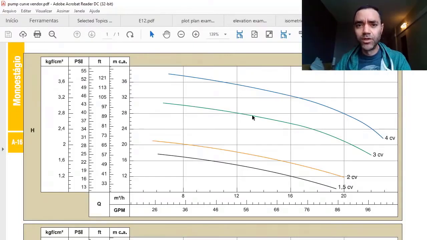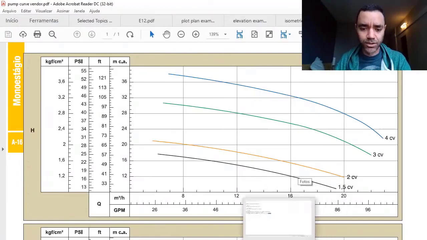It's very useful if you are talking about a system where you need to control the flow of your pump. If it's a fixed flow, you don't need to worry about that. You can use just the impeller at the best point at the design conditions.